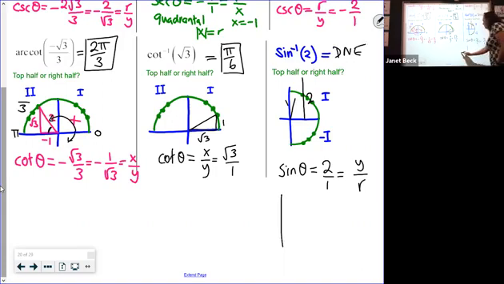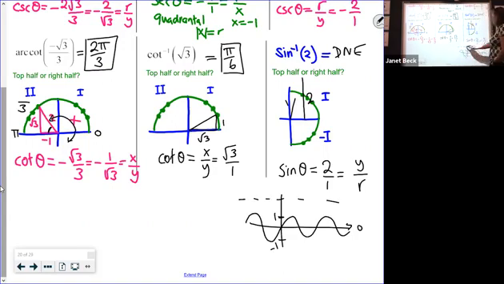When you think about it, on a sine wave, sine only goes from -1 to +1. There's no angle in the world whose sine is 2. Where does that intersect with the line 2? It doesn't. It does not exist.